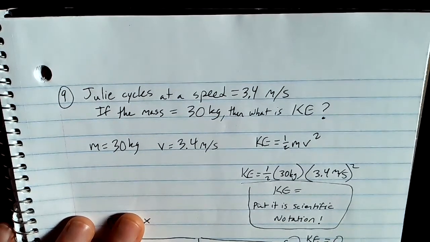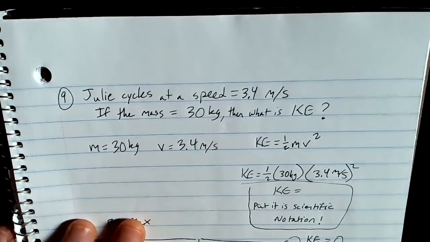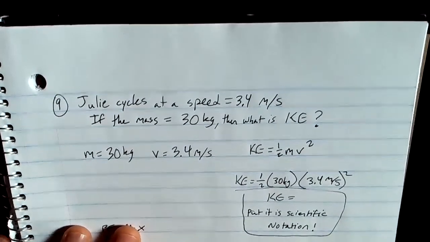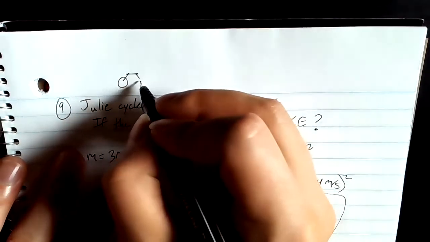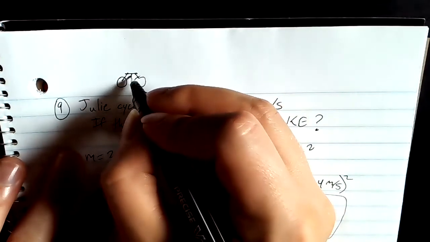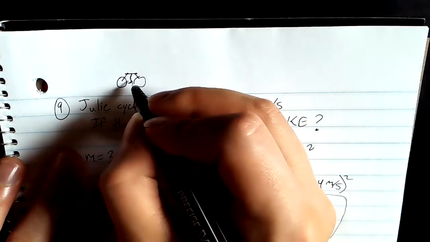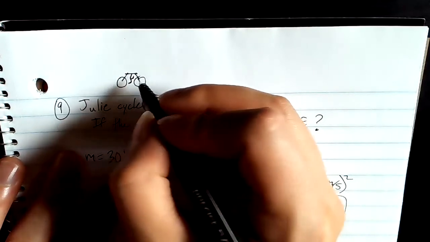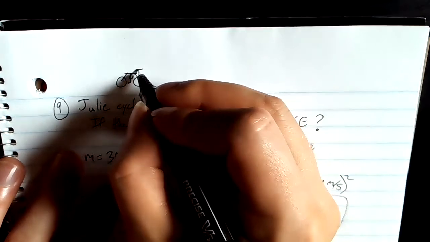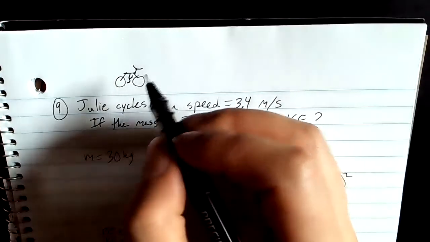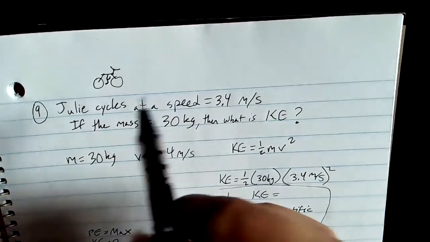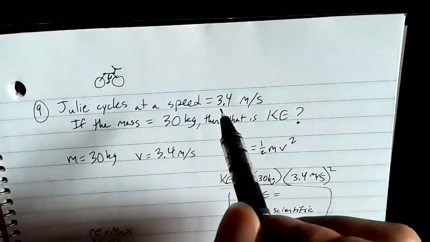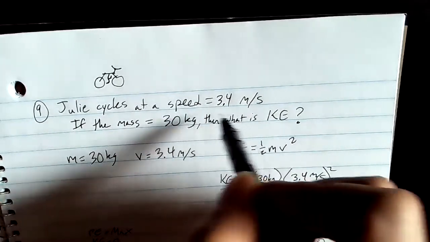In the next to last question, we are talking about Julie. Julie is cycling at a speed of 3.4 meters per second.